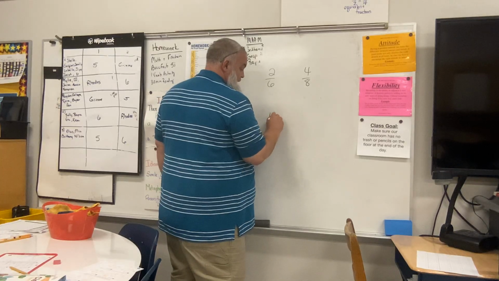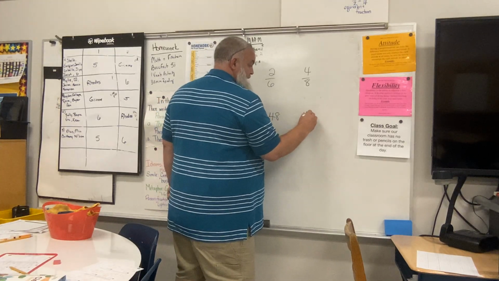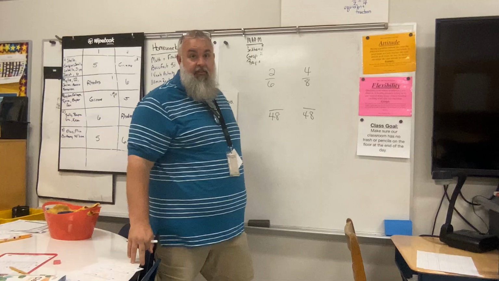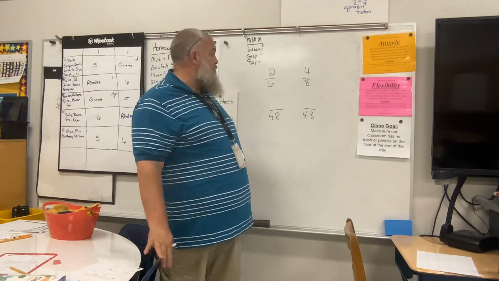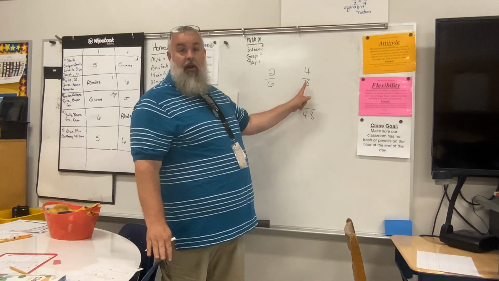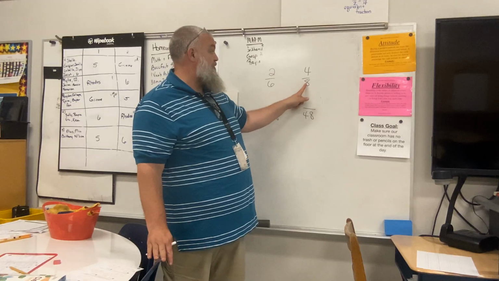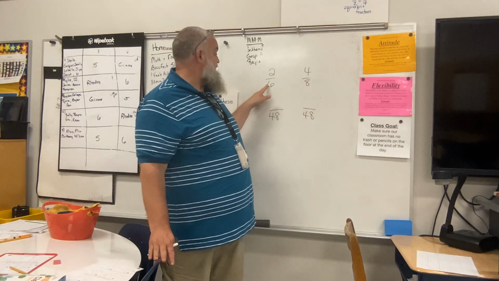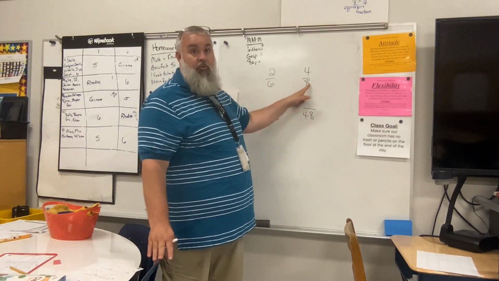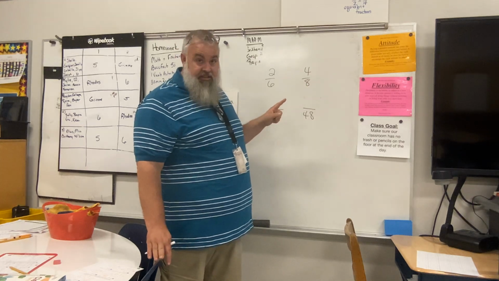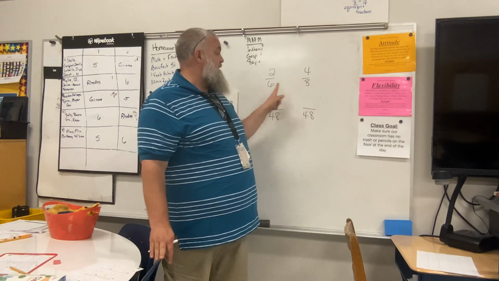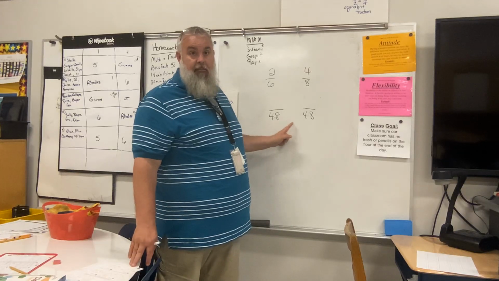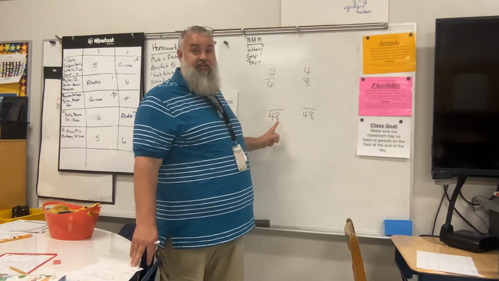That is 48. That's the easiest way. You could do 8, 16, 24, because 3 times 8 is 24. 6 times 4 is 24. You could do 24. It's just easier if you take these 2 times each other, and that becomes your new denominator. And we have to have them the same.